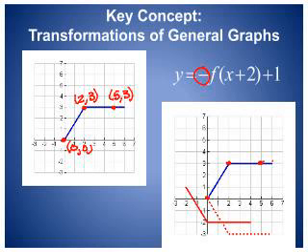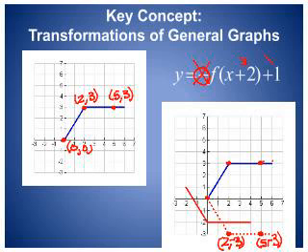So what that does is that reflects the blue graph over the x-axis, so I now have a point at 2, -3. I have another point at 5, -3. So I've now successfully used the -1 reflection.